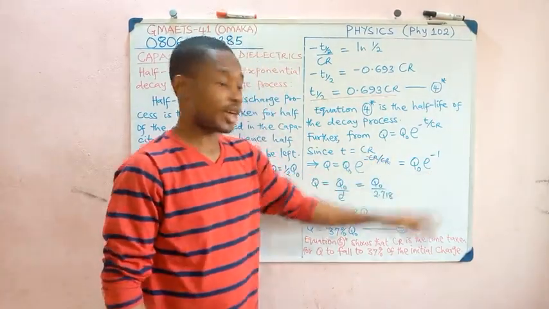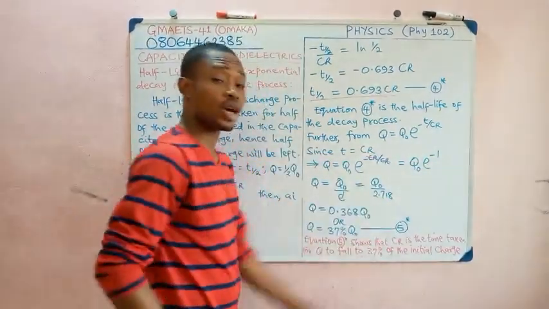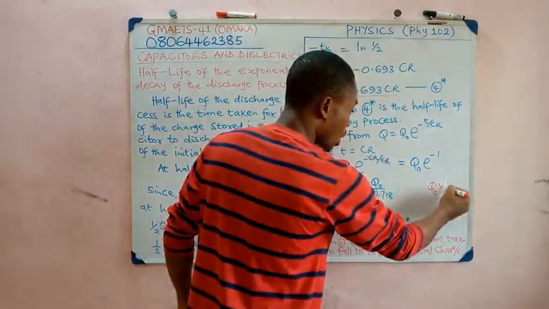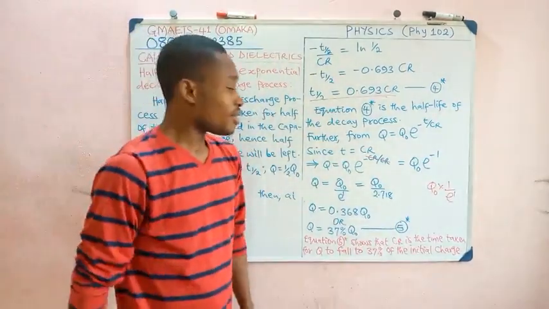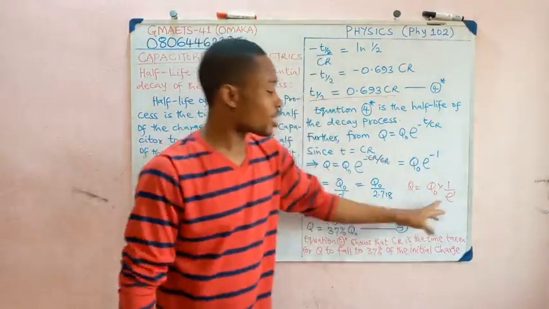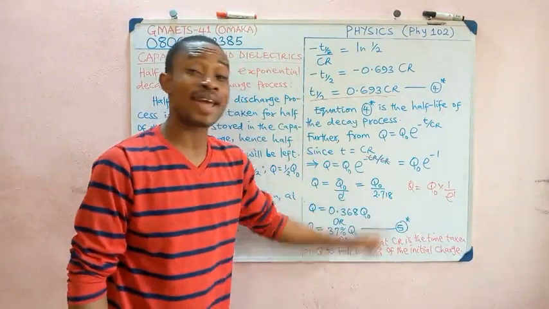And mathematically, using the negative index law, that is the reciprocal law of indices, you know that this is the same as Q naught times 1 over exponential 1. Now, everything will be equal to Q. And then exponential 1 is a constant. It's equal to 2.718.